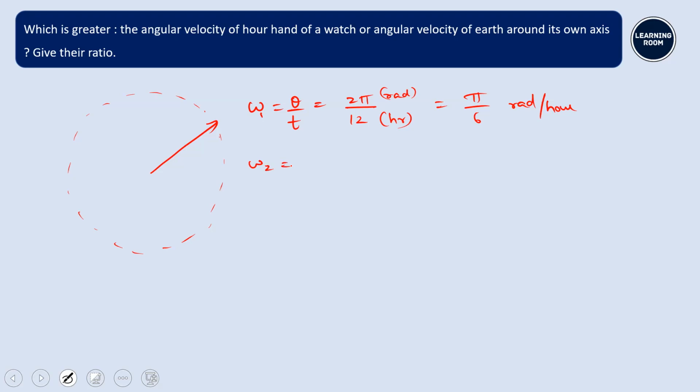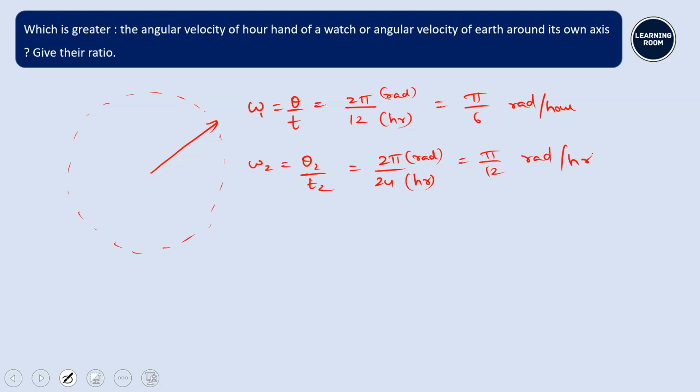In a similar way, if I take omega 2, which I write as theta 2 by t2, then Earth completes a full revolution about its own axis in 24 hours. So 2 pi divided by 24, where 2 pi is measured in radians and this is measured in hours, it will be pi by 12 radian per hour.